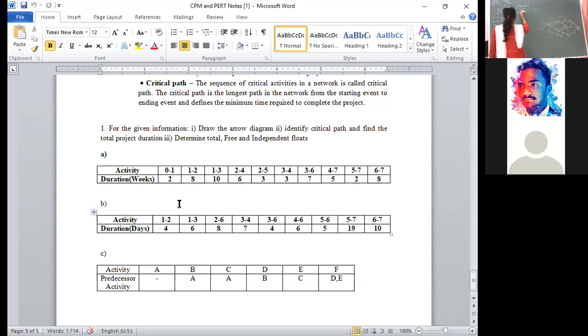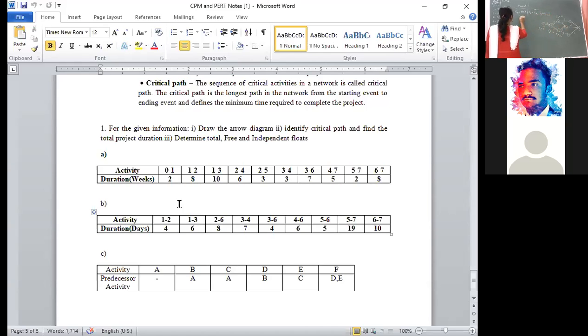Then the formula is E4 equals maximum of: for 4, one incoming arrow is coming from 2, so I take E2 plus the time duration for node 2 to 4, that is T24, comma. Another arrow is coming from 3, that is E3 plus T34.